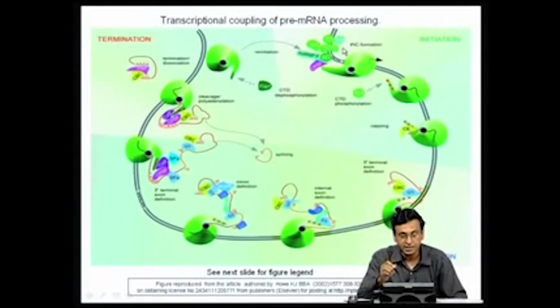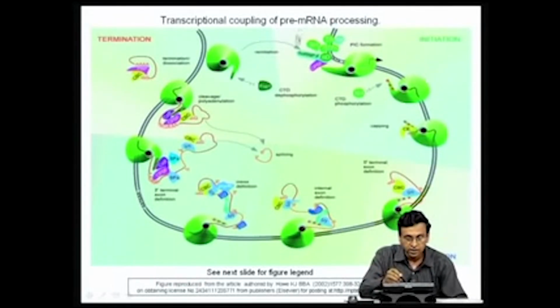But what was surprising is that the purple color what I have shown here is the polyadenylation factor. Now those days, especially in the early 90s, nobody thought an enzyme CPSF which is involved in polyadenylation is actually part of a pre-initiation complex at the time of transcription initiation. This was a very surprising finding.